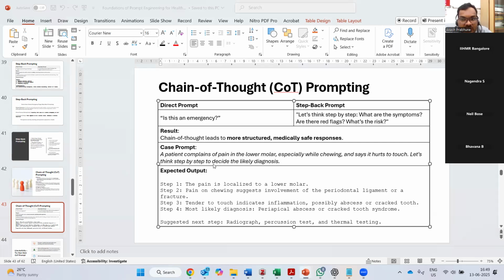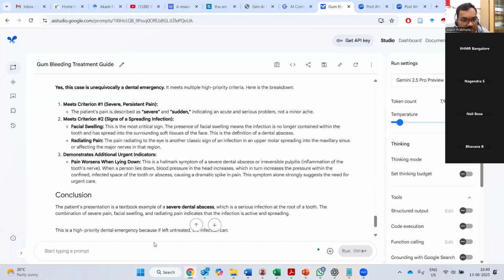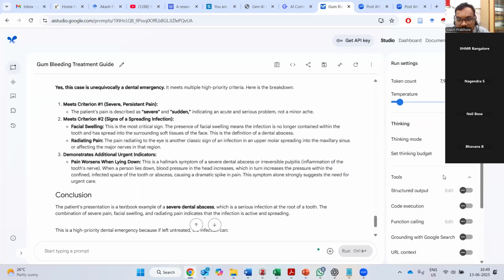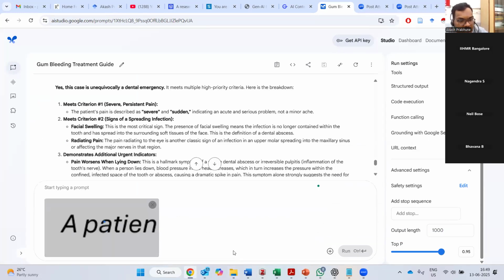If I say this, I can copy this patient complaint and then I want this to not be huge. 1,000 is the maximum required for me, nothing more.